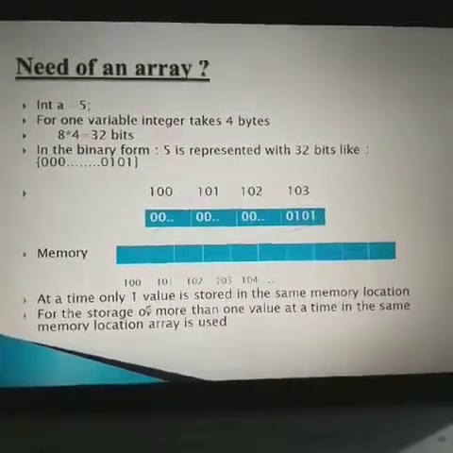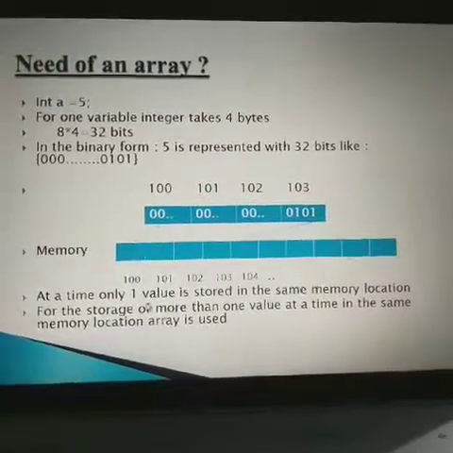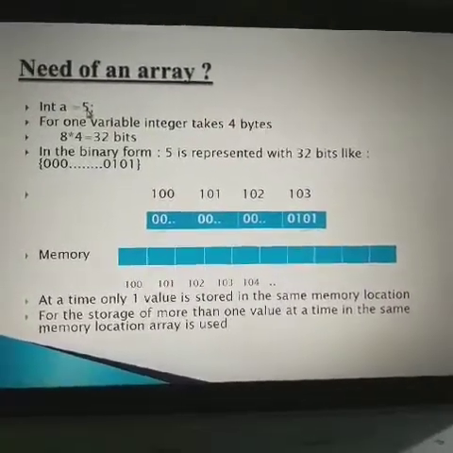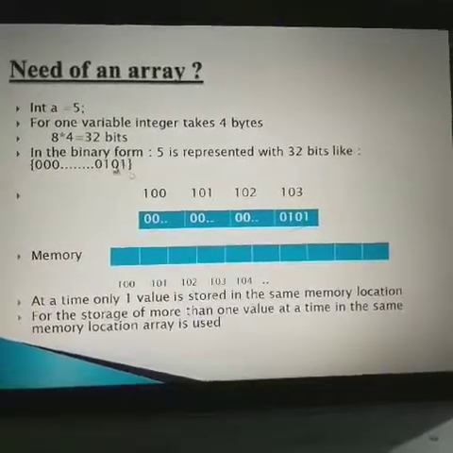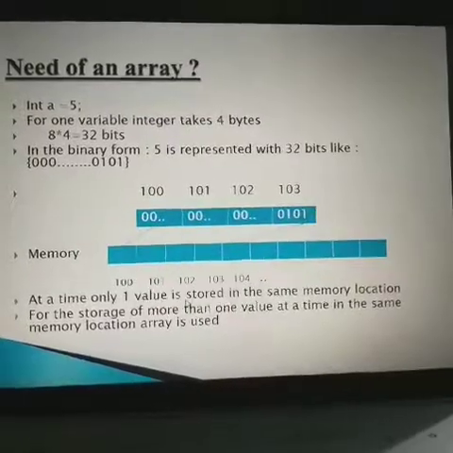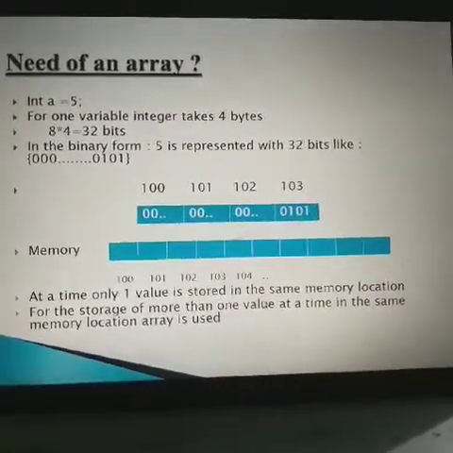At a time there is a problem that if the value is changed, that is 7, if the value changes, then the binary value is also changed, and at the same time only one value is stored in the same memory location.